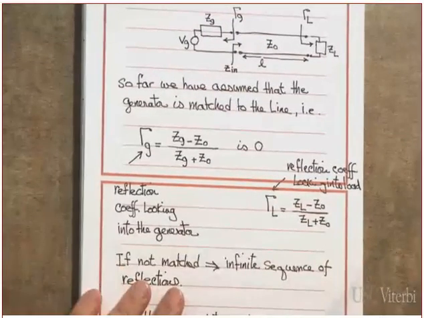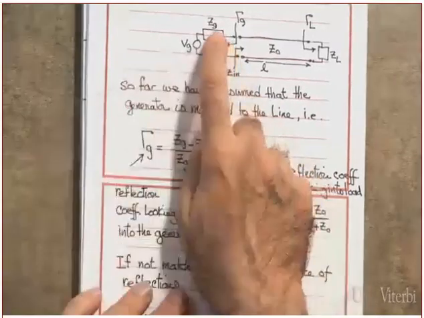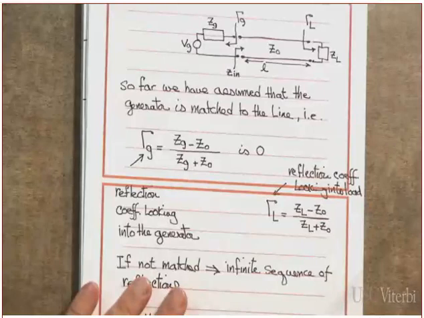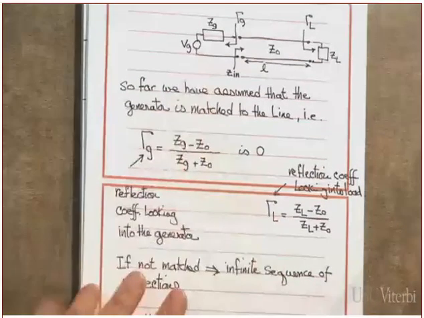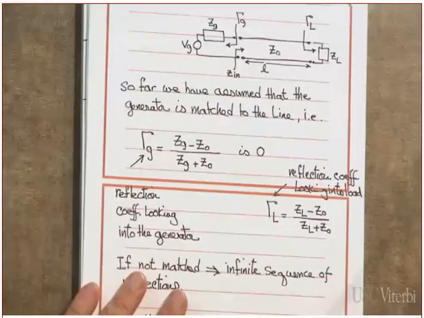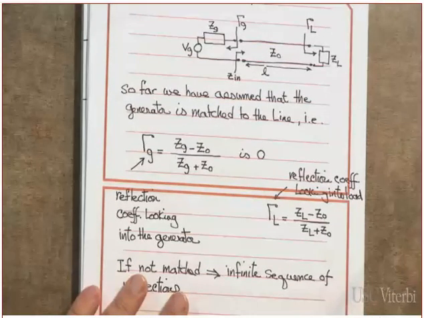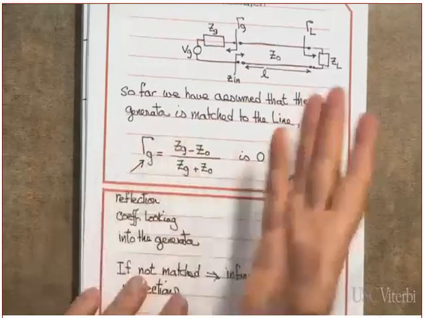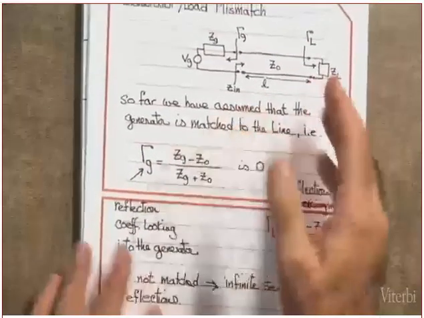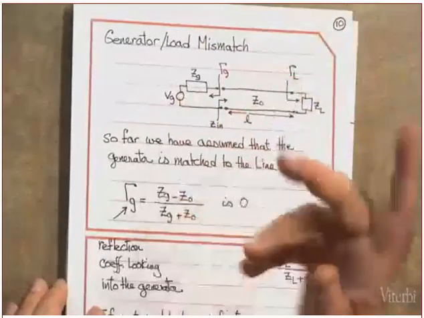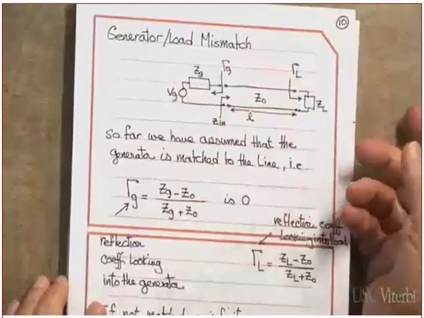The source, or the generator, and I'm using G. Sometimes I use the source, sometimes I use the generator; I need to be consistent. Since I'm using G, I'm going to use the generator terminology. When the line is matched to the generator, to the source, there is no reflection. If it is not matched, there will be a mismatch. Yes or no?